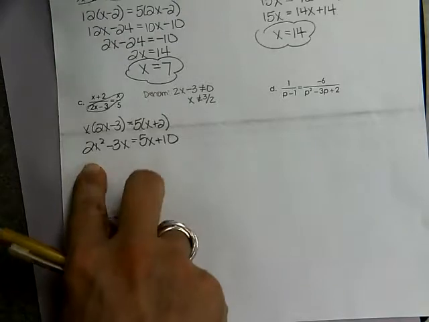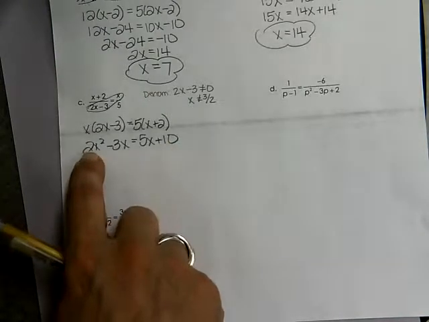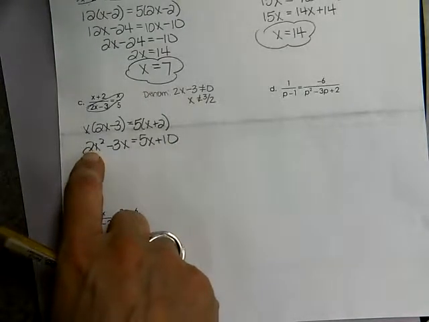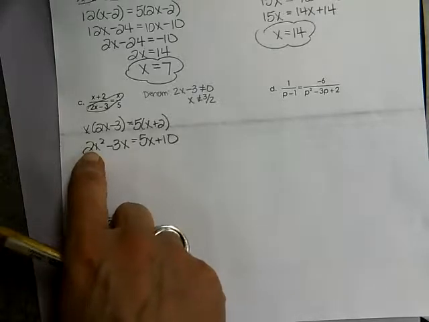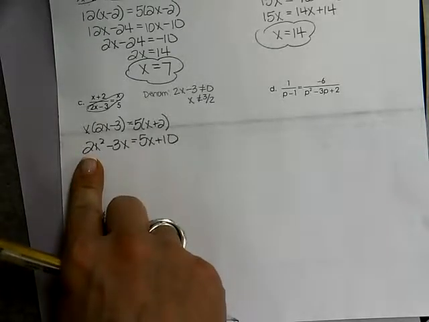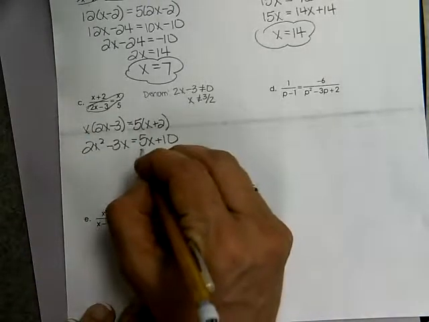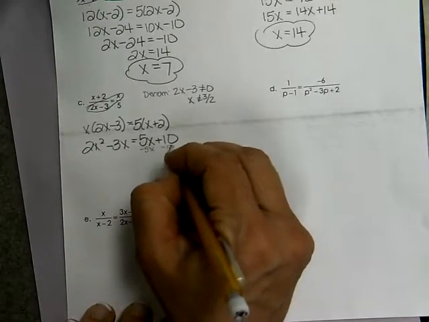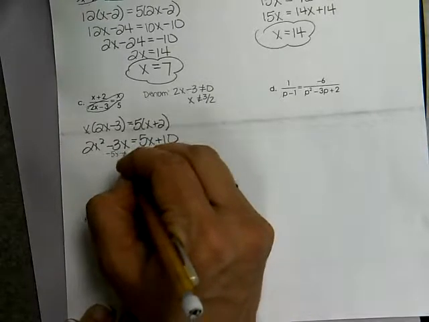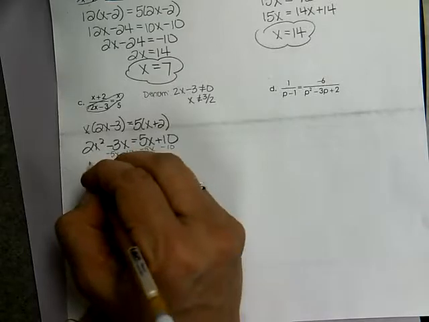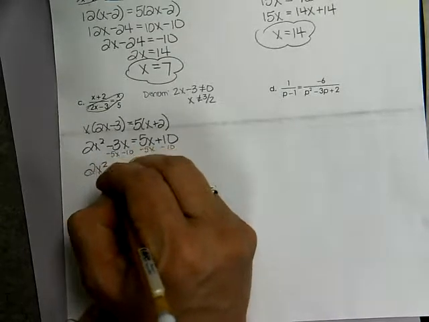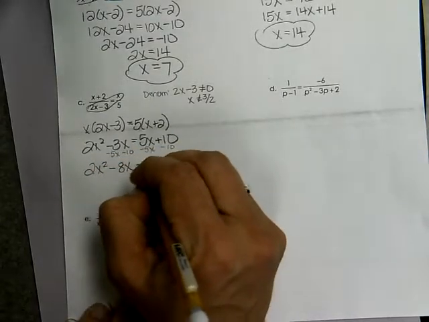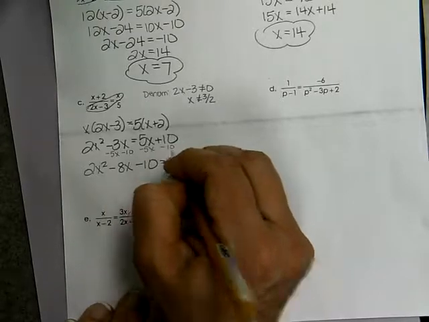And notice that in letter C, I get a quadratic. Well, I know that in a quadratic, instead of isolating x, I'm going to get one side equal to 0. So I need to move these over so that I can get one side equal to 0. So I end up with 2x squared minus 8x minus 10 equals 0.